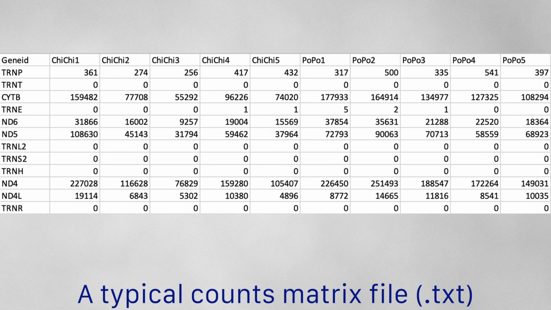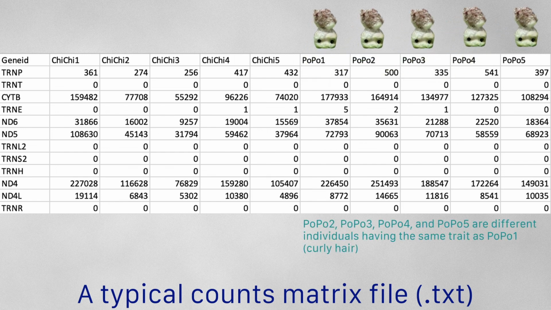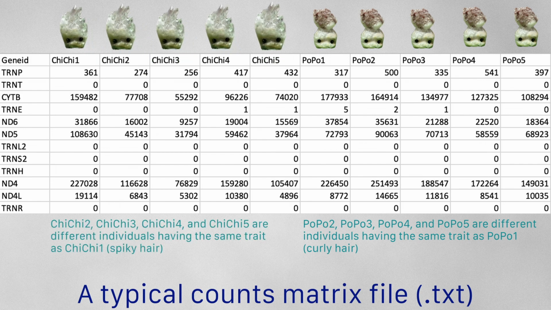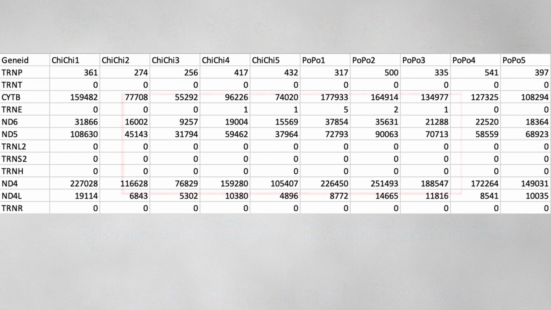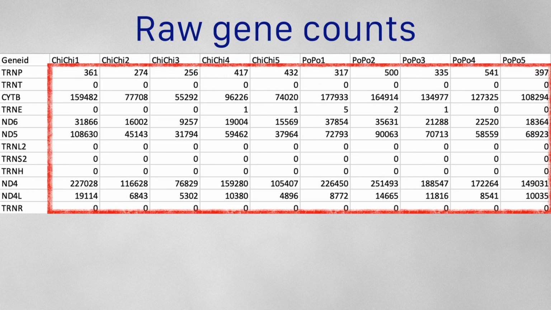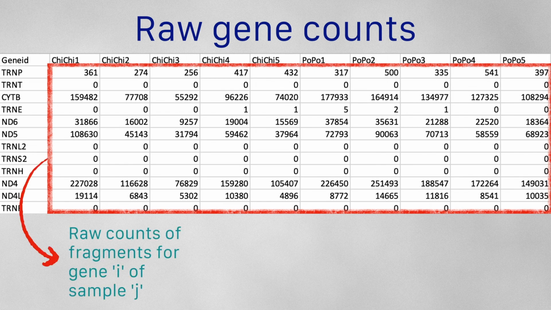Here we show an example of the counts matrix for the 5 RNA samples of Popo and 5 RNA samples of Chichi taken from their scalp tissue. The values that we see inside this table are the actual gene counts.